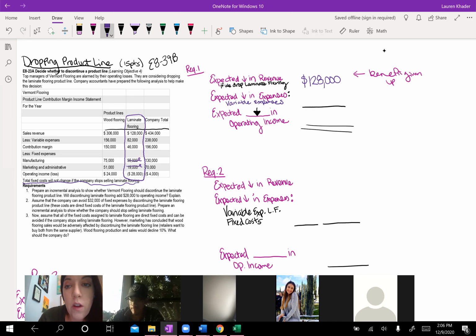So they're giving up revenue of 128,000 and they only have a cost savings of 82,000 in expenses. So it's expected to have a decrease in their operating income of how much? 128 compared to 82,000.